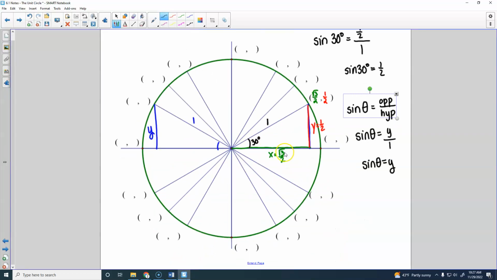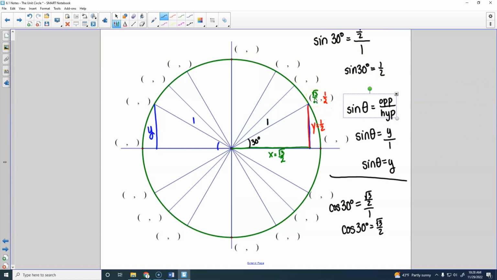Sine, of course, is important, but we also want to know about cosine. If I think about cosine of 30 degrees, that would be adjacent over hypotenuse. So that would be square root of 3 over 2 over 1, which means my cosine of 30 degrees would be square root of 3 over 2, which we can see is my x coordinate.